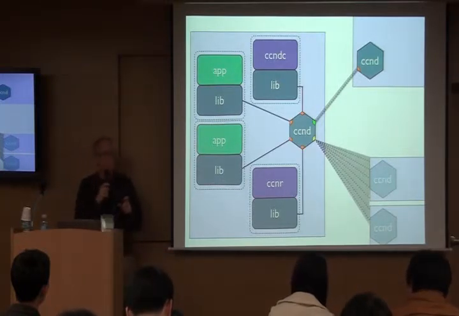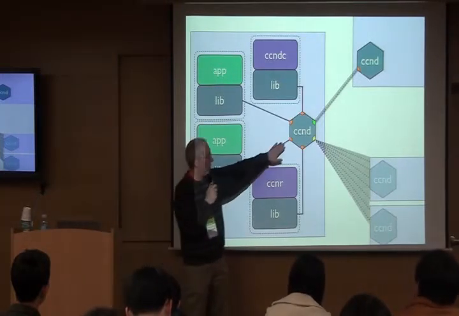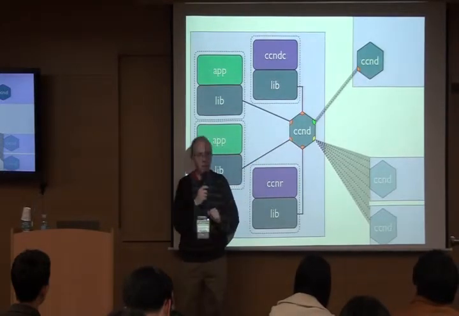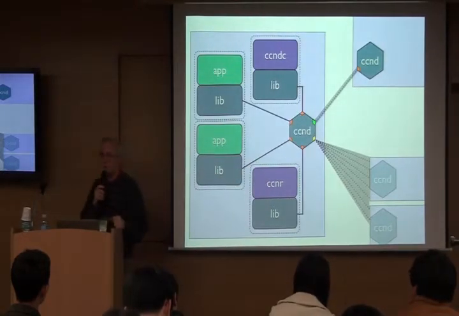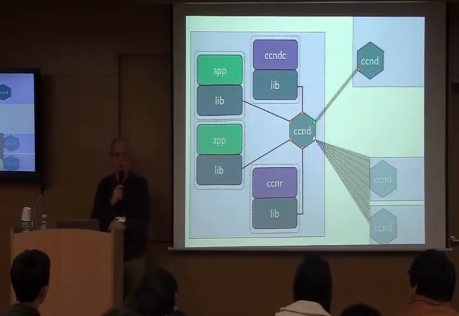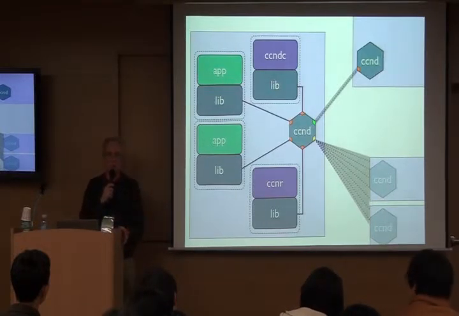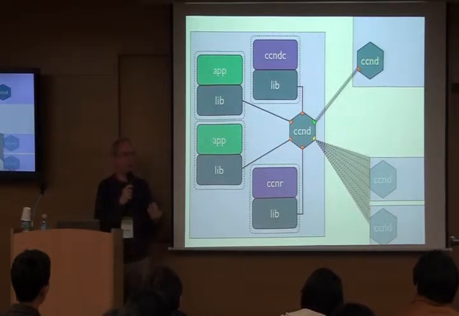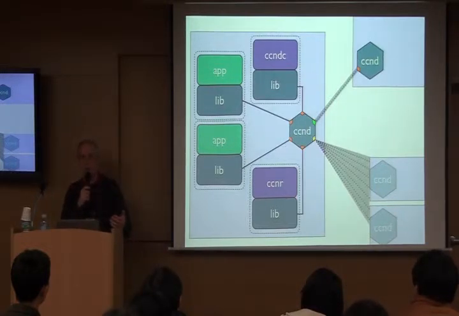Now, ultimately, the functionality of the CCND forwarder should be in the kernel of your operating system, but that's not a step we've got to yet. So the CCND is still running as this user-level process. One of the reasons you want to have it end up in the kernel is simply for efficiency.